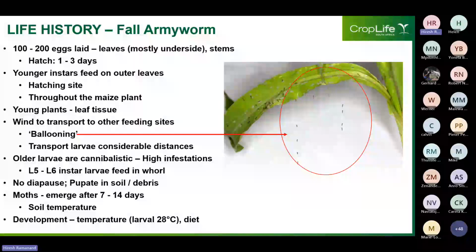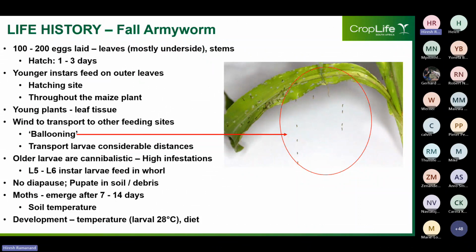As with all lepidopteran maize pests, the exact duration of the larval stage is again largely dependent on temperature, but also diet. And what that means is availability of plants in the right growth stage, in this case, young maize plants. The optimum temperature for larval development has been reported to be 28 degrees Celsius.